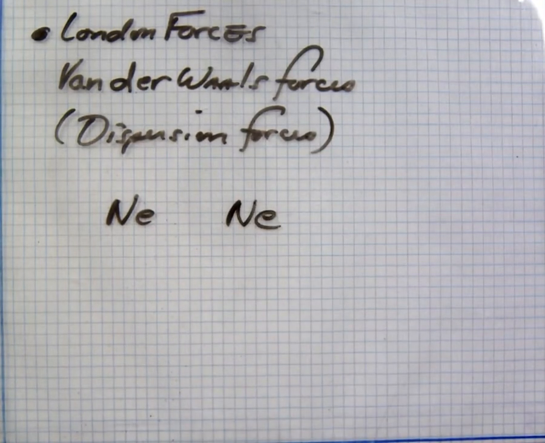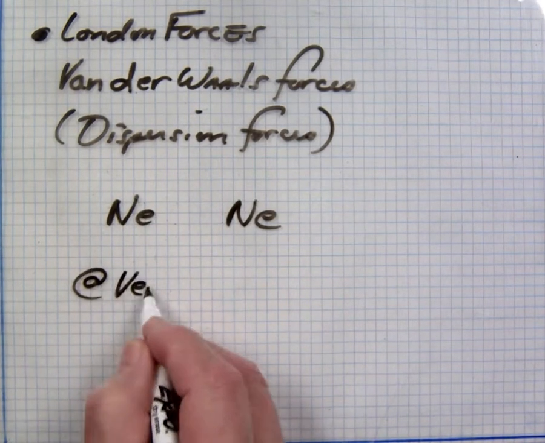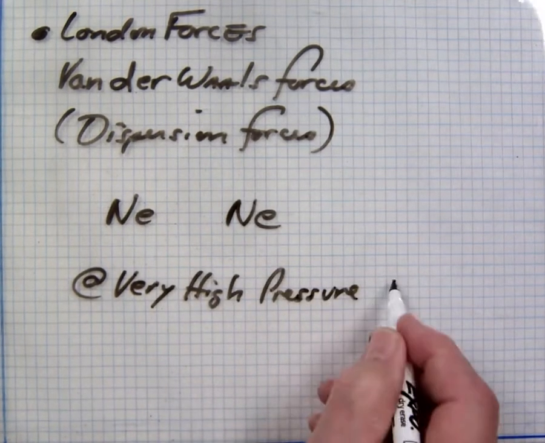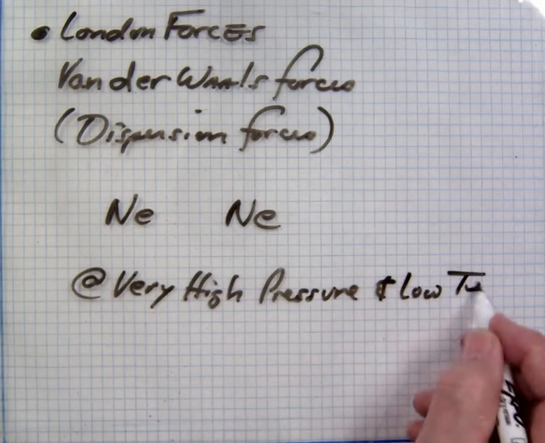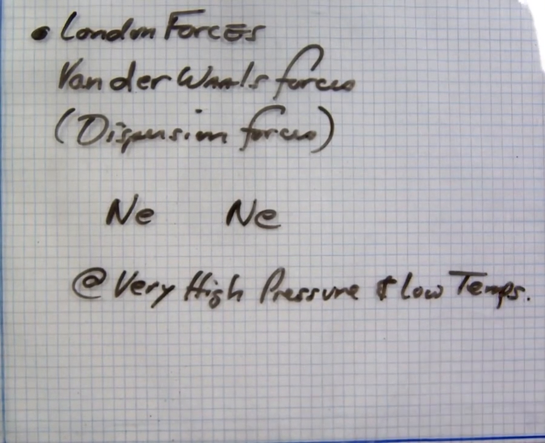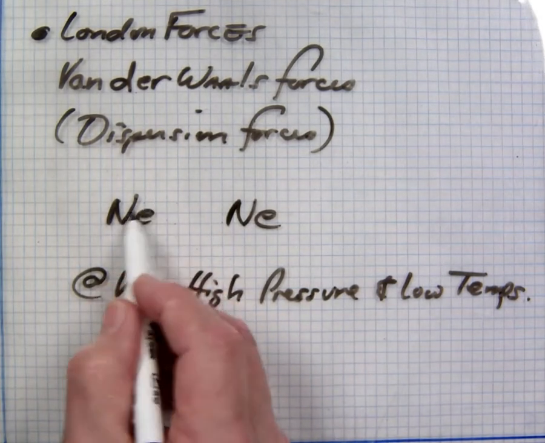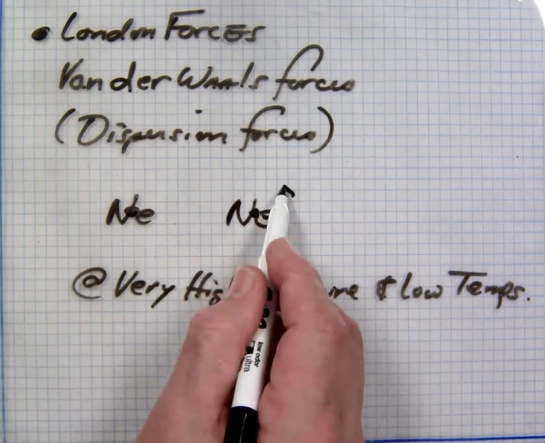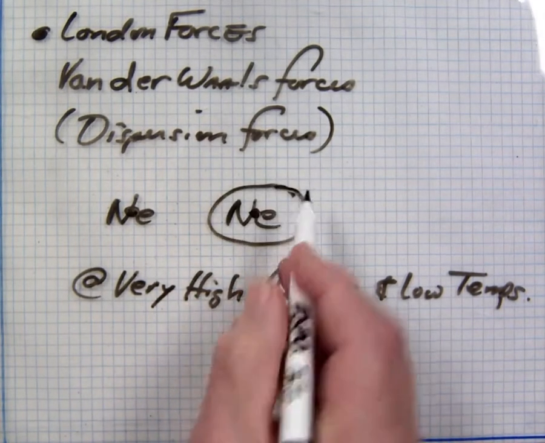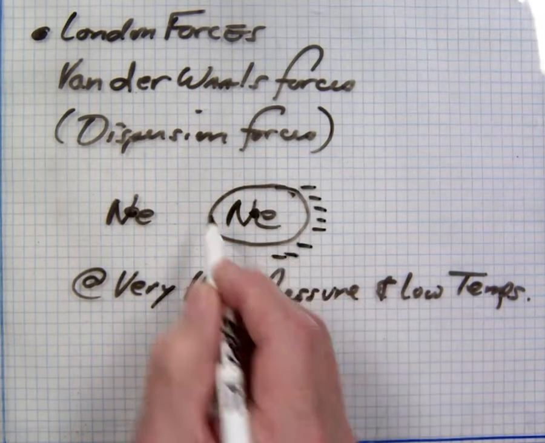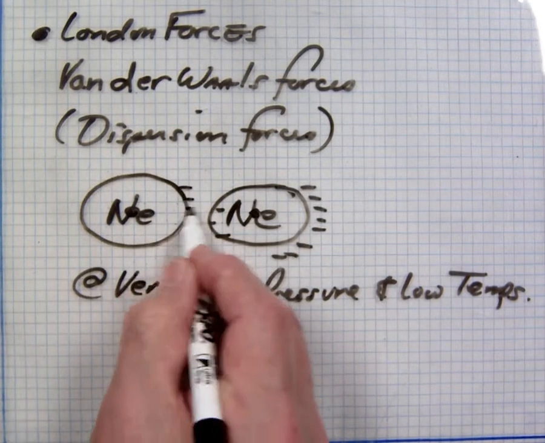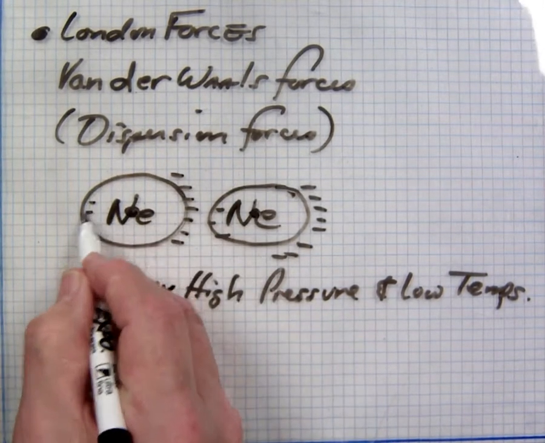Normally at room temperature and pressure it's in the gas phase, but at very high pressures and low temperatures, what happens is the nucleus of one molecule distorts the electron cloud of another, and you have a system that will build up negative charge on one side and have very few negative charges on this side.